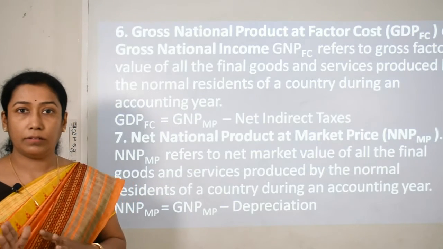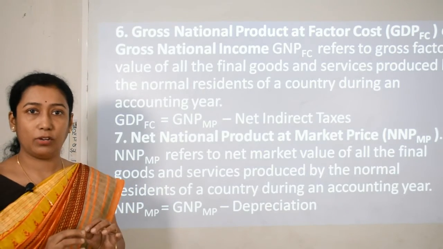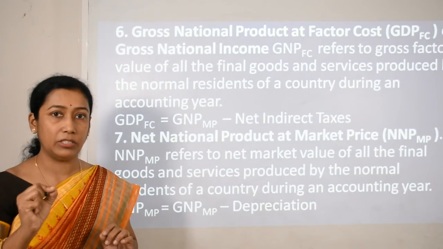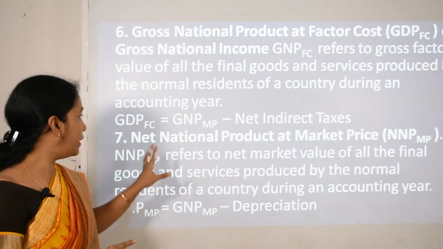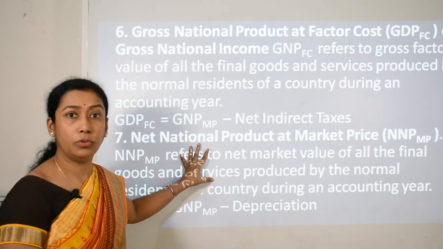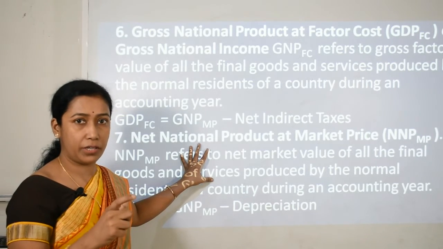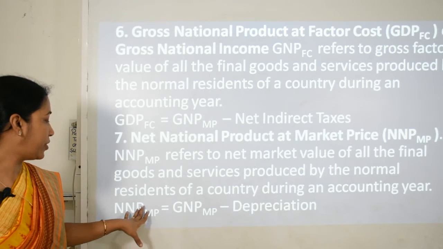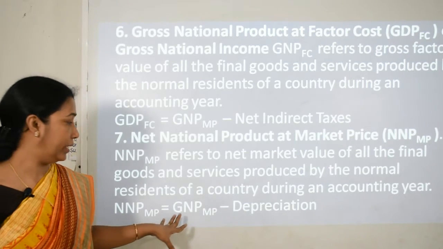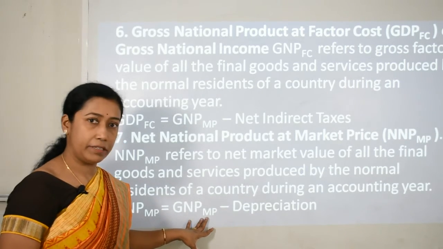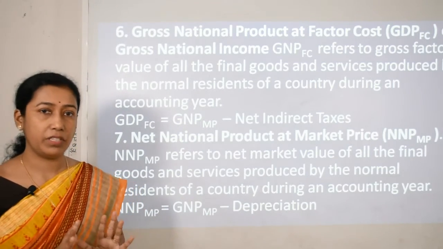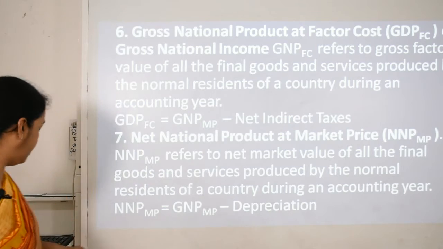So again I request you to please take care of this: all production done by non-resident Indians will not be included in the concepts related to nation, that is, all national concepts. So the formula we will get is net national product at market price is gross national product at market price minus depreciation.